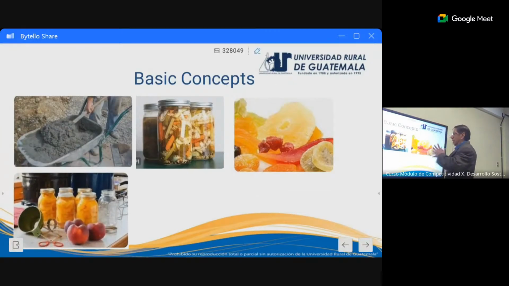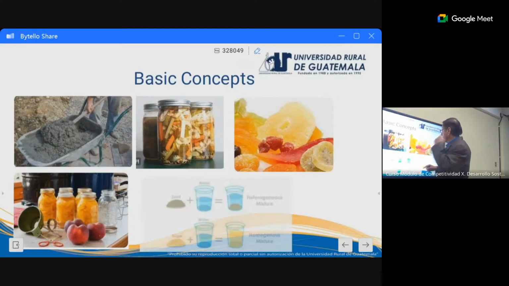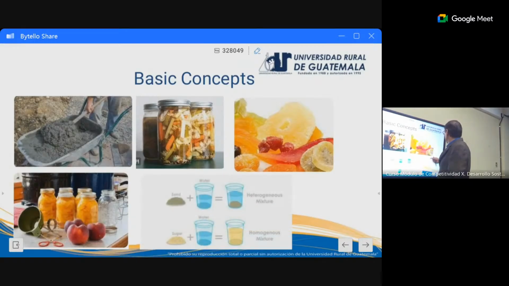Another example, like the previous examples, we see some mixture of liquid plus solids. Then we have this diagram here. Let's check.